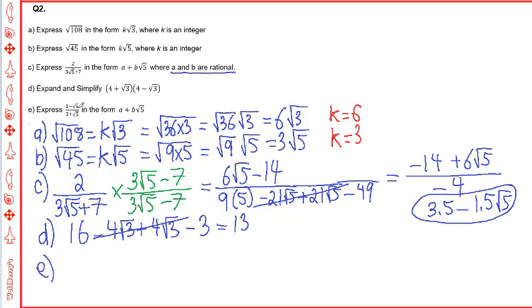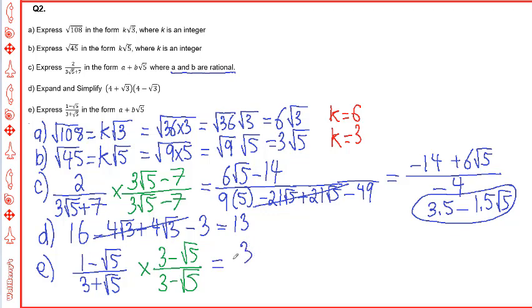Part E is another full question on rationalizing the denominator. Again, we want to express it in this form here. So we do as we did earlier on, which was multiply by the conjugate. So we go ahead and multiply by 3 minus root 5 divided by 3 minus root 5. You look at the denominator, you flip the sign and multiply top and bottom by the same thing.